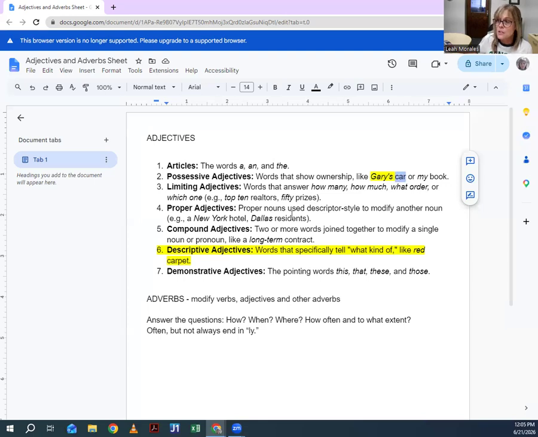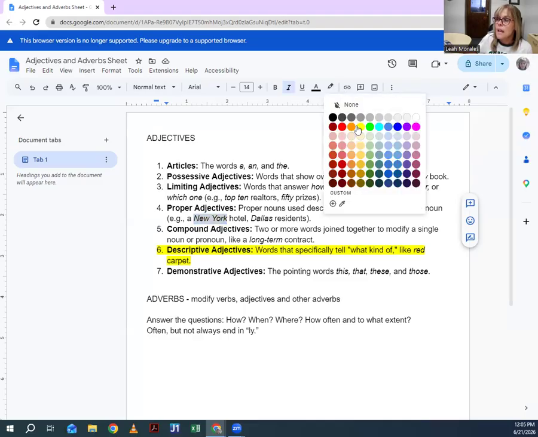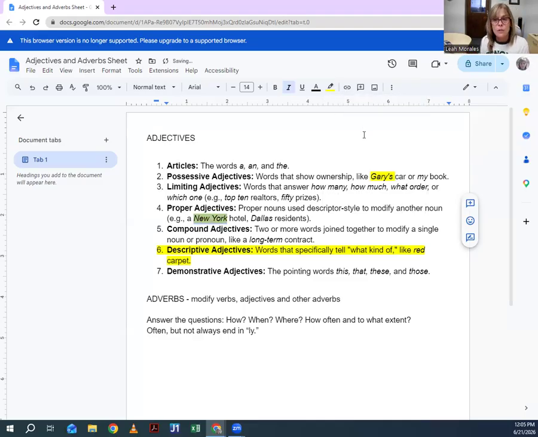There are proper adjectives. Proper nouns used descriptor style to modify another noun. A New York hotel, right? It doesn't say a hotel in New York City. If it was written that way, a hotel in New York City, then both hotel and New York City would be nouns.